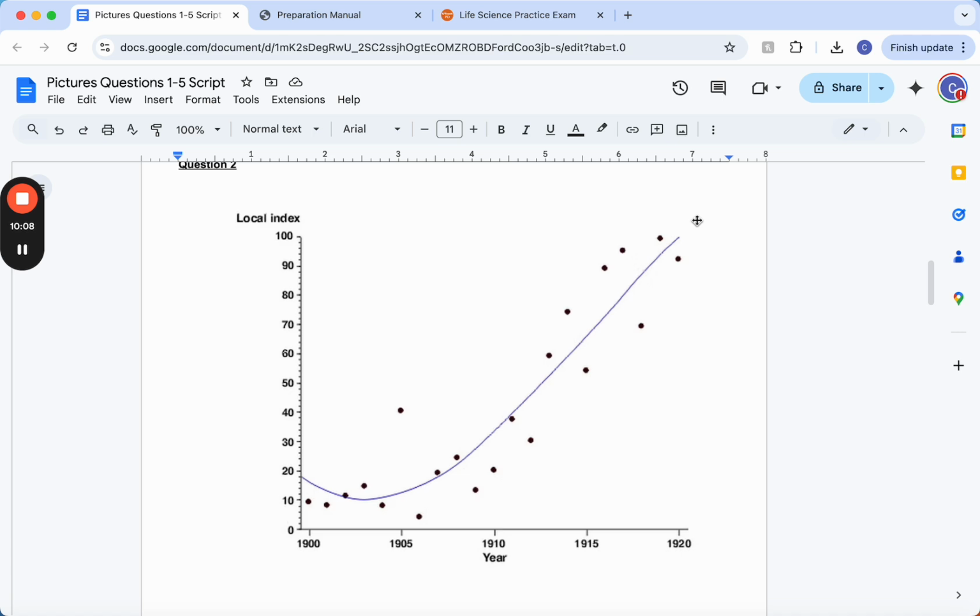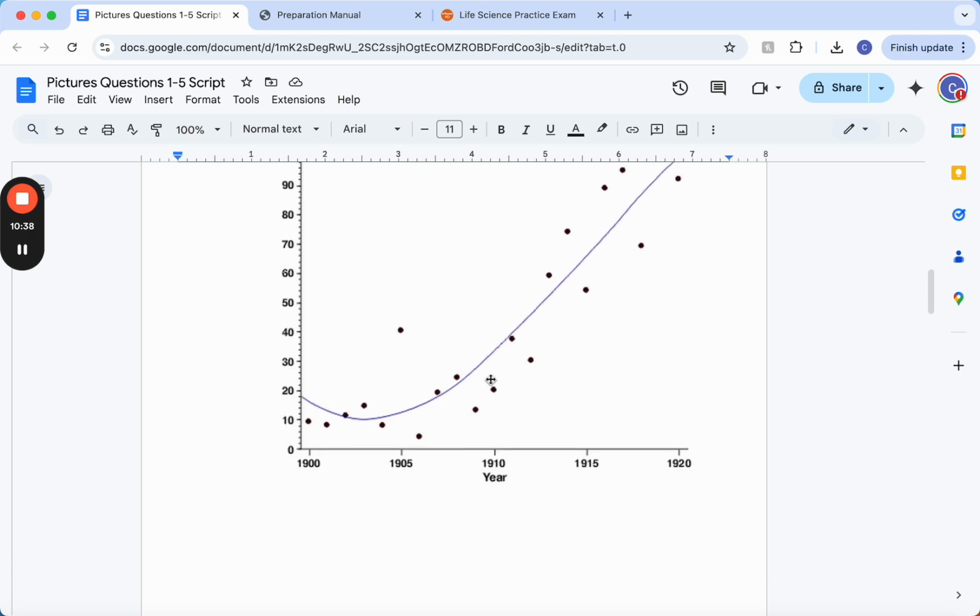So scatter plots are used, as we just said, to track trends, but the key here is numerical variables. You can see here on the bottom we've got years. These are all numbers in this example that they have on this graph. But the idea is that these are going to track numerical variables. We are trying to track vegetables. So we can't really do dots here to track vegetables. That's not a numerical variable.